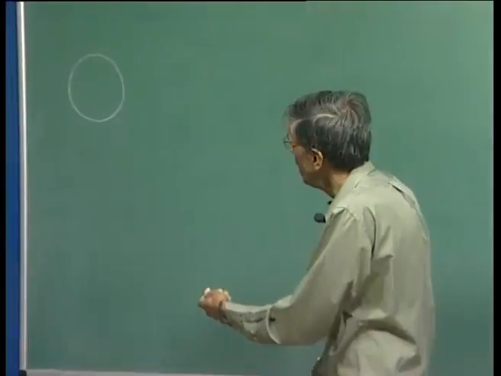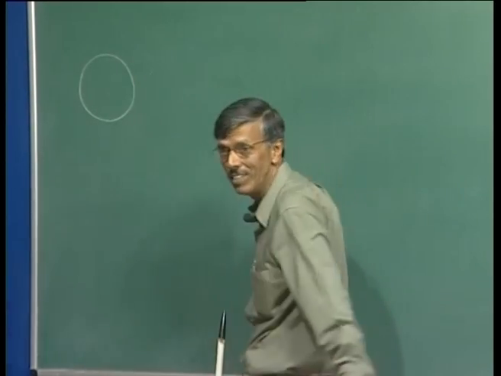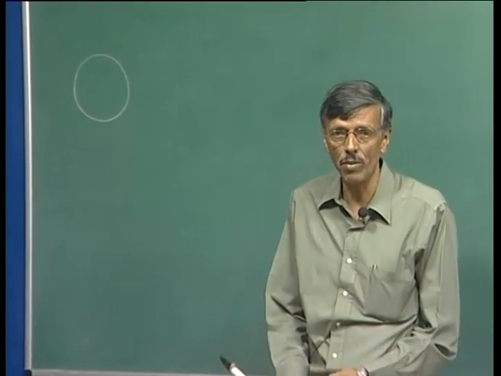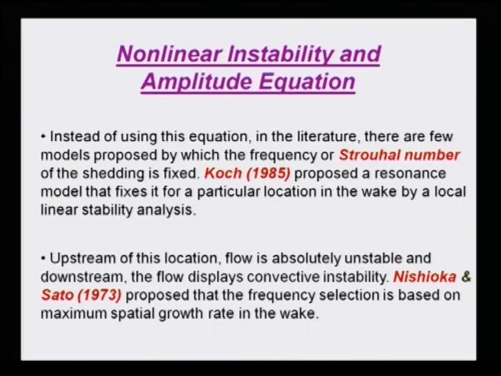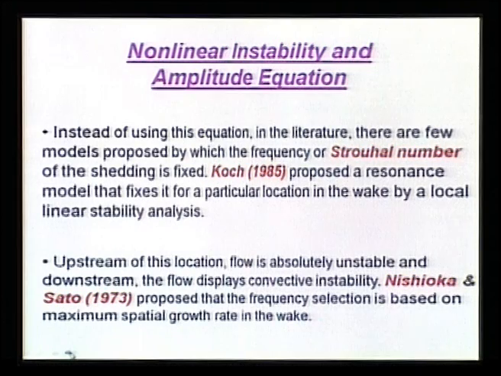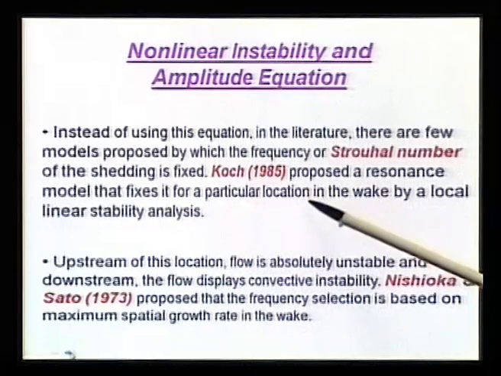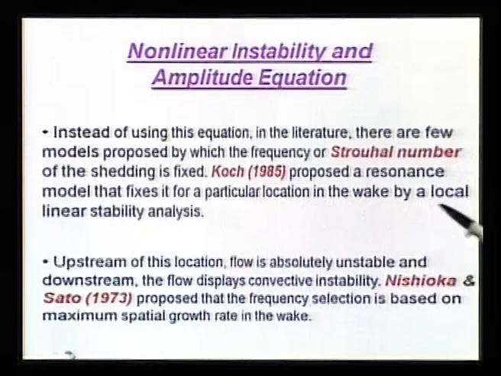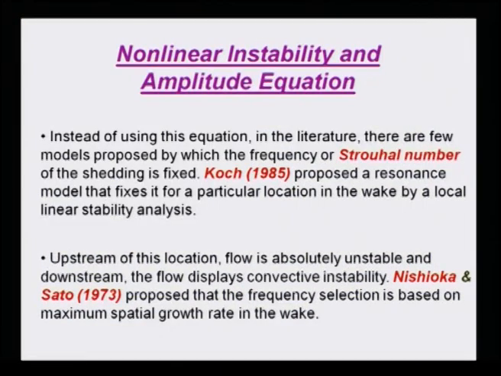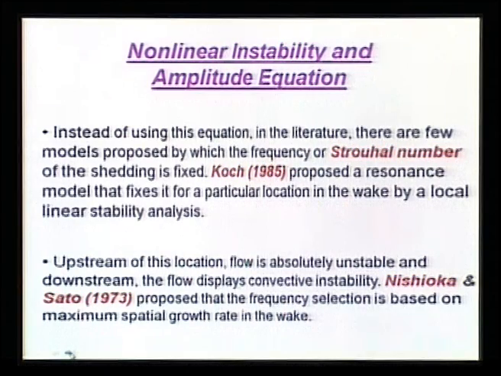But once the vortex is shed, what does it do? It convects away. So this is what people have been talking about, that you must have some location in the wake where the linear instability is predominant, and that is fixing your Strouhal number.